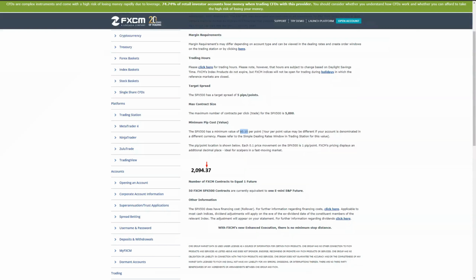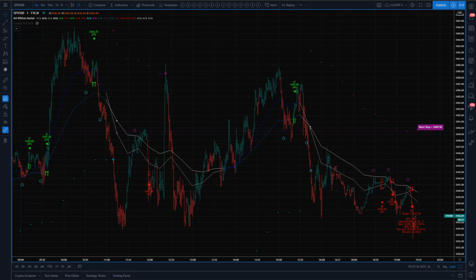That is wrong. It takes 50 FXCM S&P 500 contracts to equal 1 E-mini future for S&P 500. And remember, 1 E-mini S&P 500 future controls 50 SPX. If I move up and down by 1 point in ES, I move up and down by $50 in return on the contract.